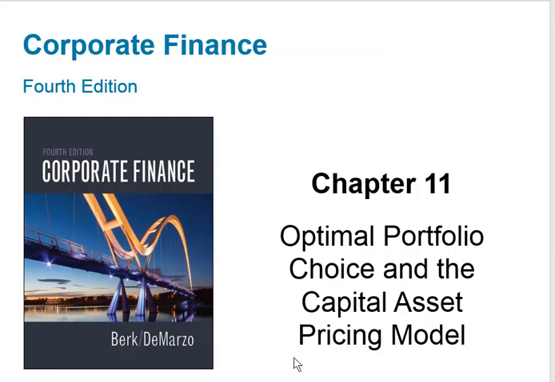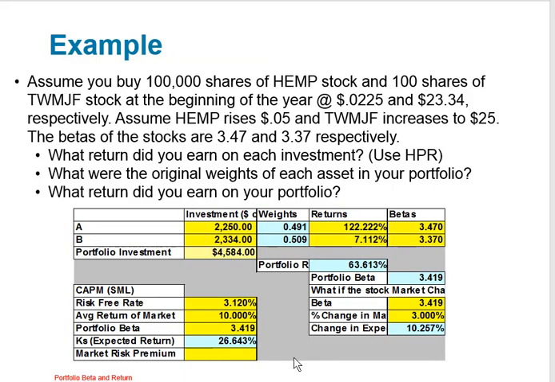Chapter 11 was a little bit more theoretical and talked about making optimal choices, if you will, and how we analyze that kind of data. So the first thing we have is a couple of stocks that we want to invest in. We're going to buy 100 shares of hemp stock and 100 shares of TWMJF stock.